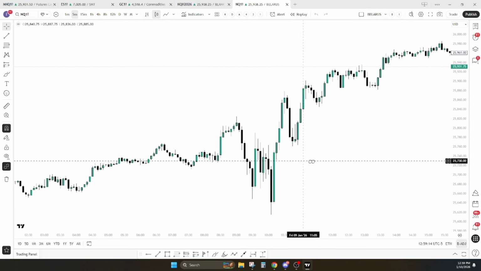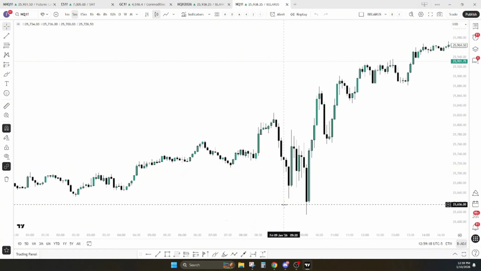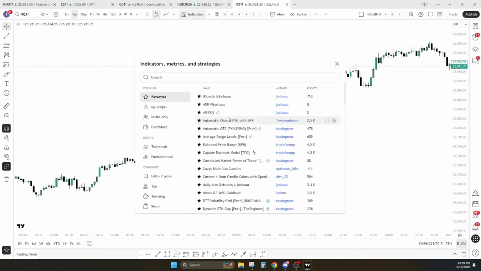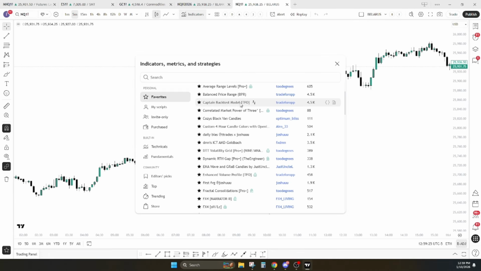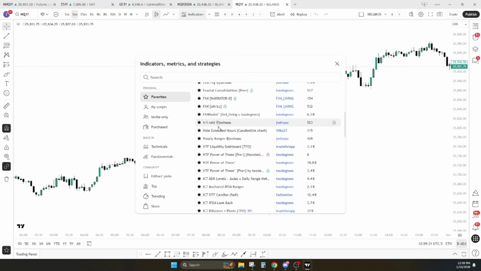I'm on a blank chart, so I can just do it from a blank chart personally. But what she's talking about is the indicator that shows you the 1 hour candles behind the 5 minute candles. I used to have that indicator, but I don't remember what the name of mine was, and I have too many favorites now. But I remember I used to use one exactly like that.